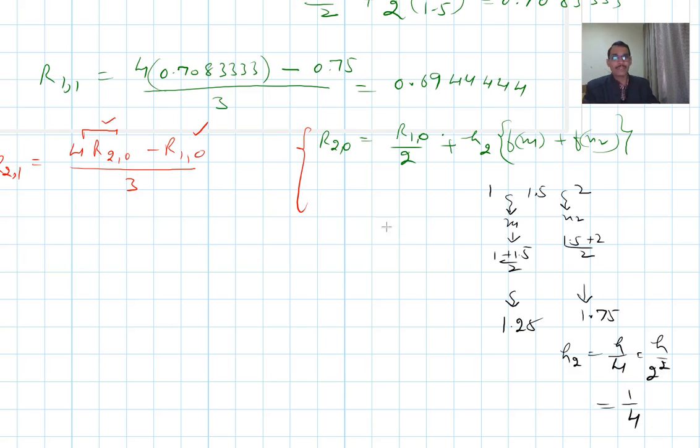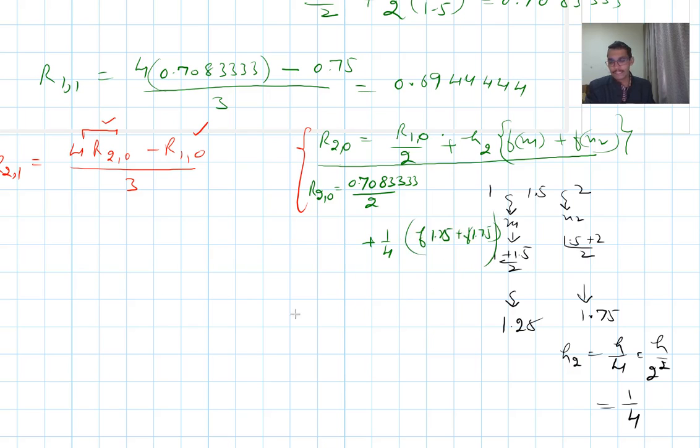So if we put their values here, then R20 is equal to 0.708333 divided by 2, plus 1 by 4 times f of 1.25 plus f of 1.75, right? And if we put their values, then it will become 0.6970237.